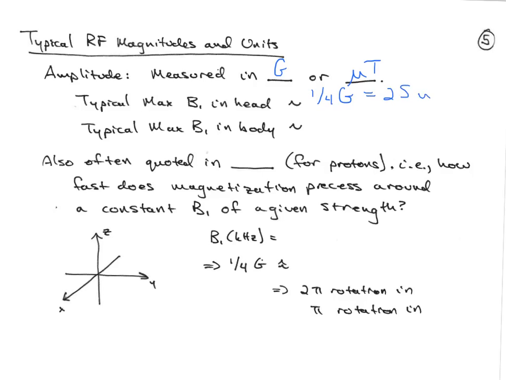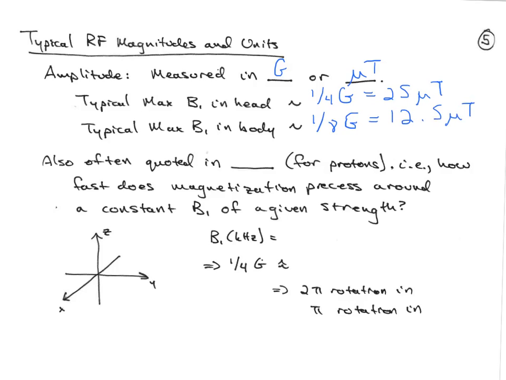A Gauss is 1/10,000th of a Tesla, and if you convert that, you get 25 microtesla. Now, 1/8 Gauss is the maximum field that you usually get in the body. It's a little bit smaller because you're using a body coil, and it's sitting further away from the subject. And that is equal to 12.5 microtesla.